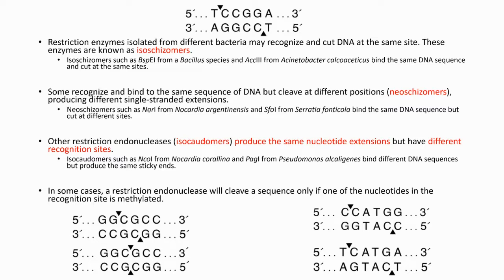But NarI cuts between G and C here, and then they separate, so you will have a 5' overhang. And SfoI cuts in the middle, between C and G, and therefore dissociates into 2 DNA molecules. This is a blunt end.